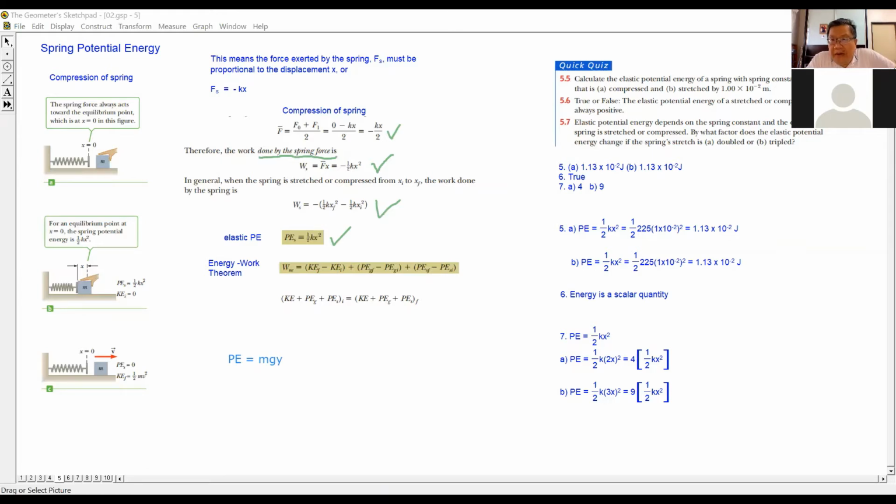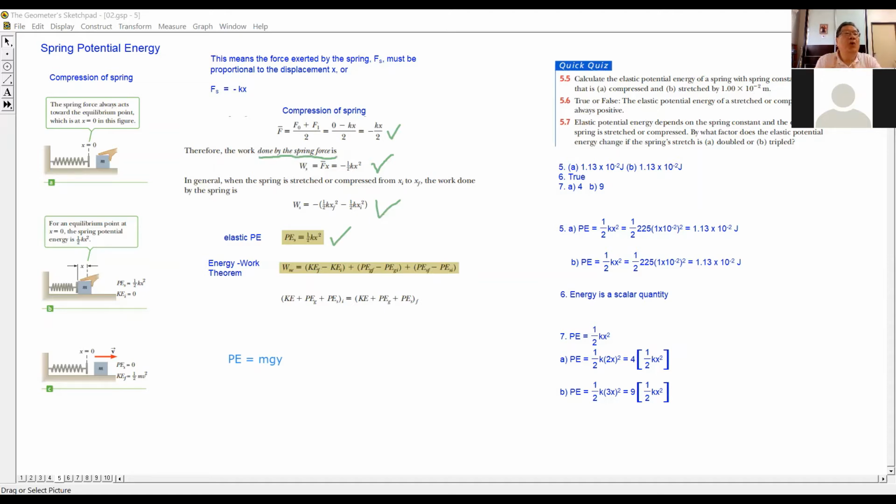We are going to calculate how much elastic potential energy is stored inside the spring when you compress the spring by 10 to the power minus 2 meters. And in the second case, how much energy is stored when you stretch the spring by 10 to the power minus 2 meters.